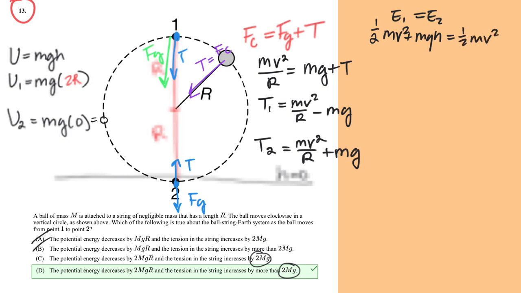My masses cancel out, so it's 1/2 v squared plus g times the height, which is 2r, as we stated before, equals 1/2 v squared.